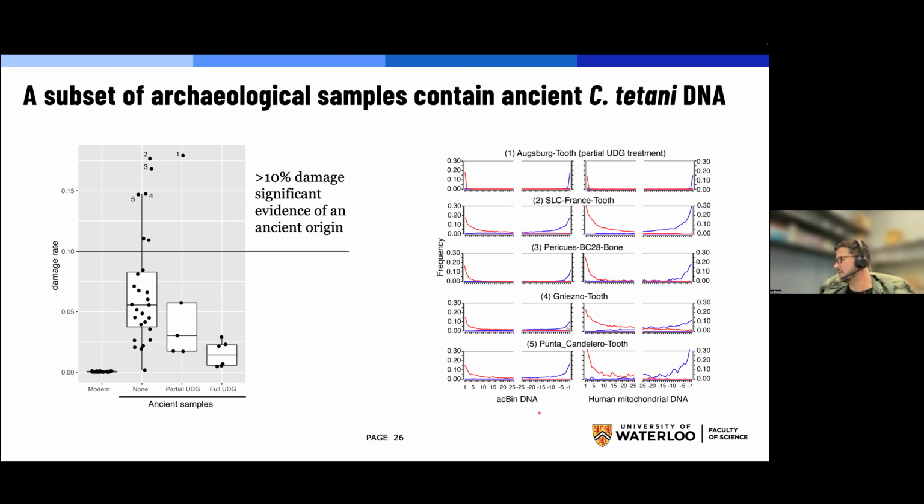I should also mention that on the left, I'm showing you the C. tetani damage. On the right, I'm showing you the damage patterns of human mitochondrial DNA that comes from the same samples.